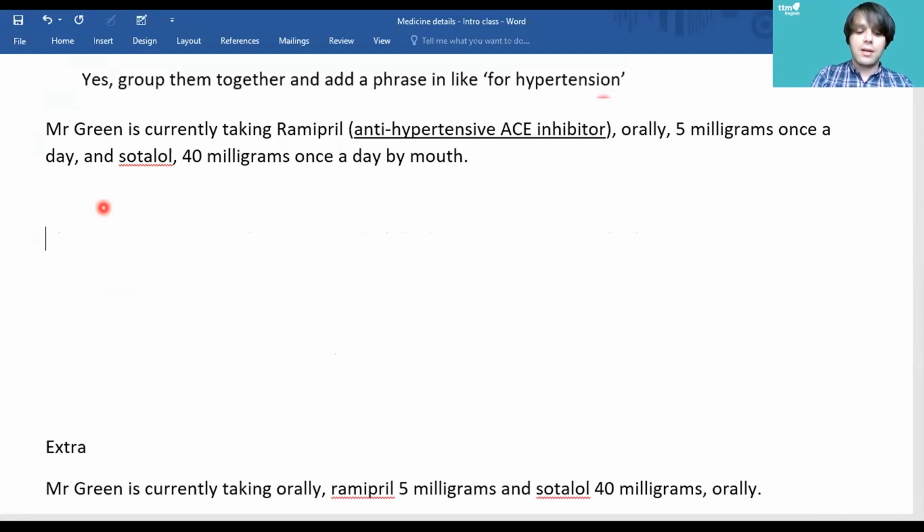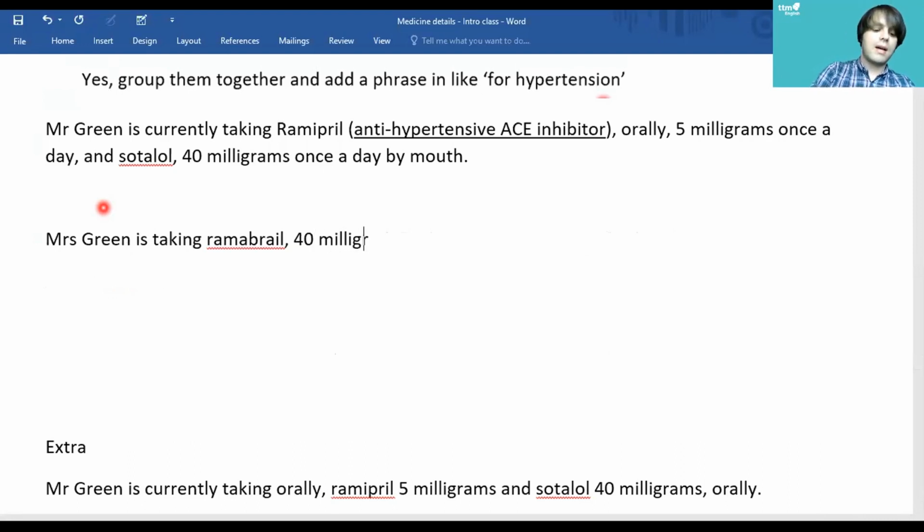Yes. Okay. So you could say, Mr. Green is taking ramipril, I don't know, 40 milligrams, like you said, milligrams. And what's the other one? Sotalol.